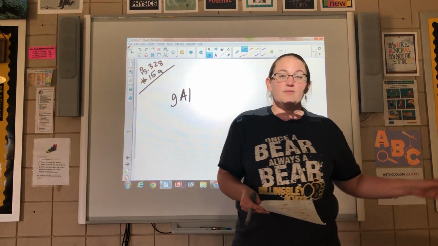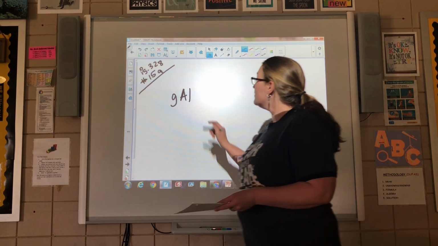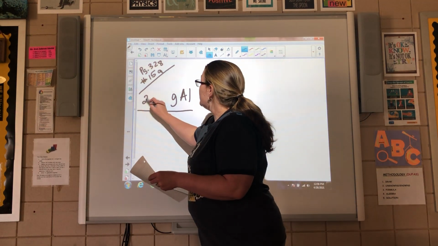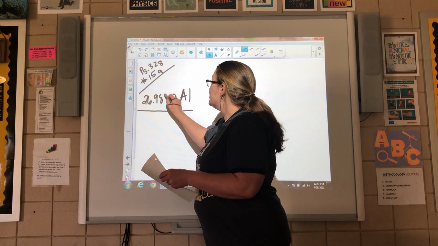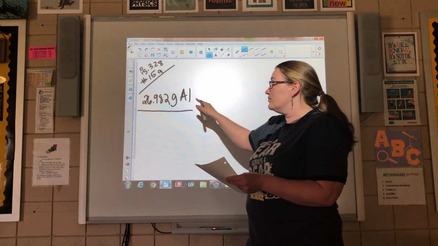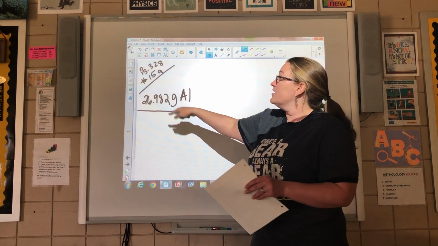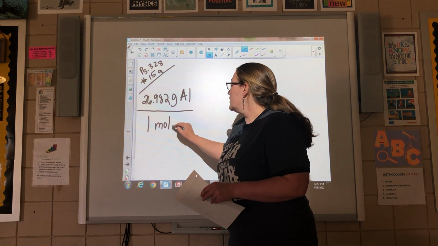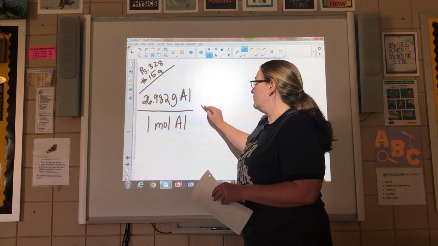Well, I can look at my periodic table and I can tell you that there are 26.982 grams of aluminum, because that's its atomic mass. So there's that many grams of aluminum in 1 mole of aluminum.